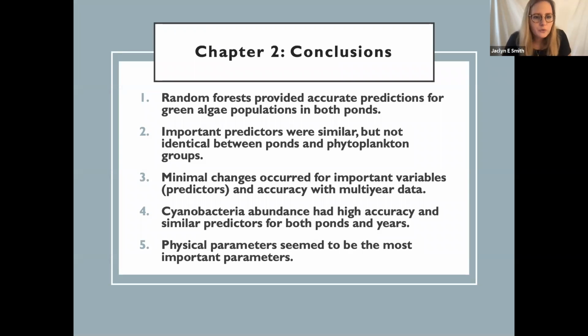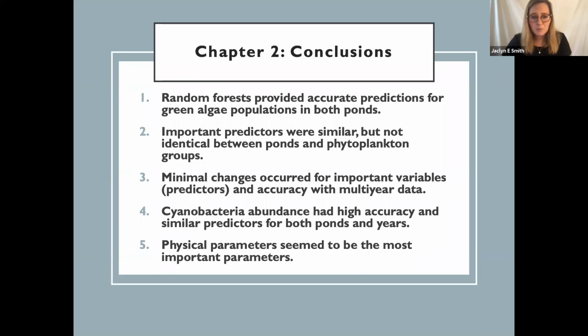So some major conclusions from chapter 2. Random forests seem to provide some pretty accurate predictions for green algae in both ponds. As well, important predictors were rather similar, not exactly identical between ponds and groups, but pretty similar across all of the phytoplankton groups and both ponds.